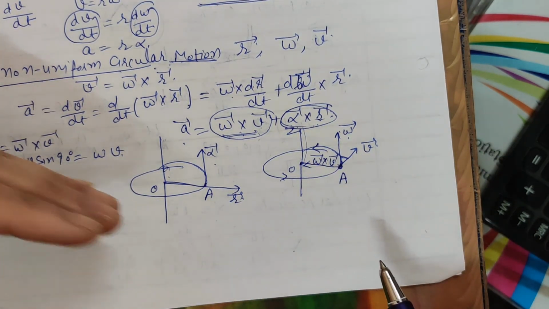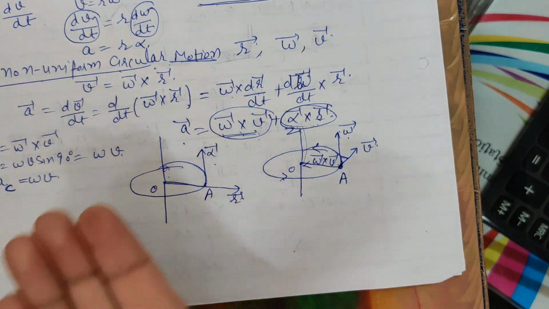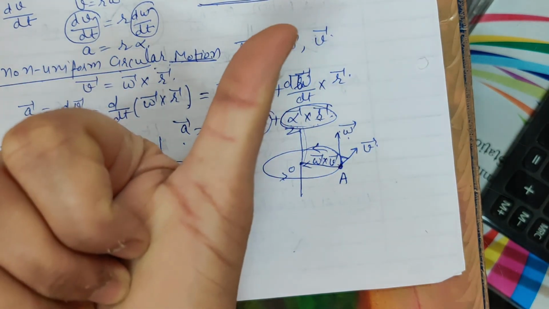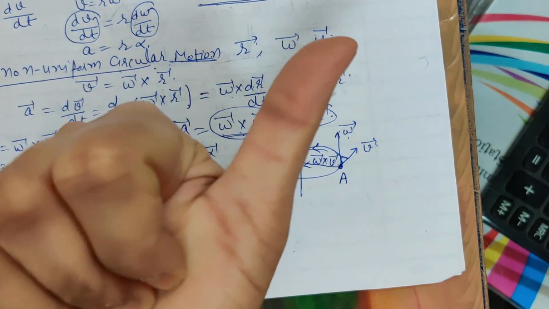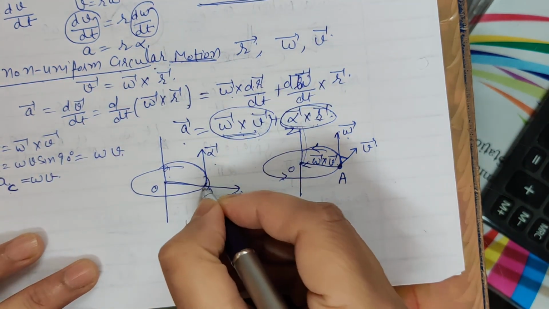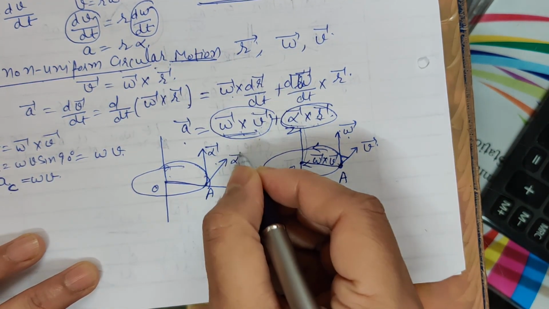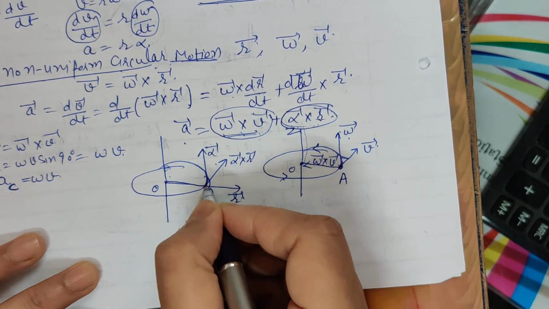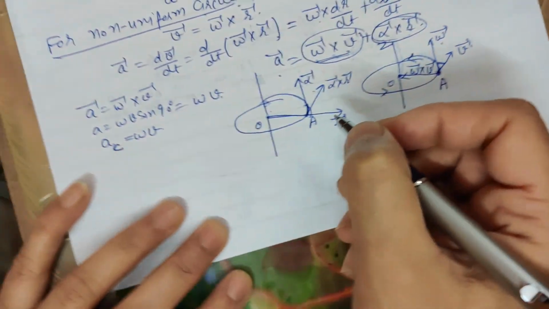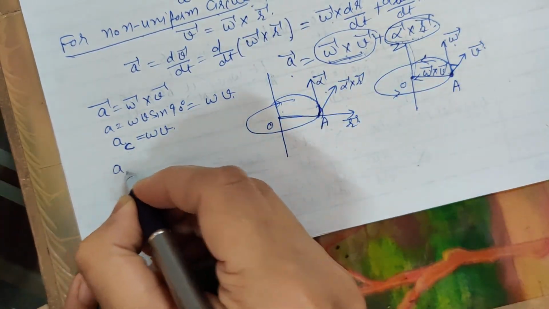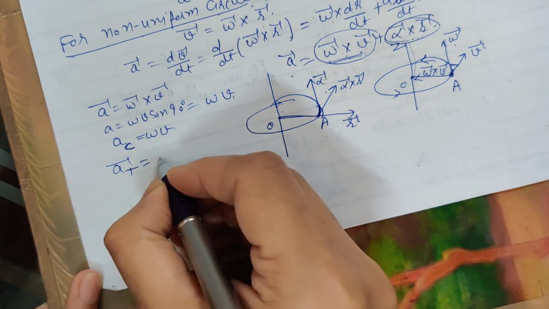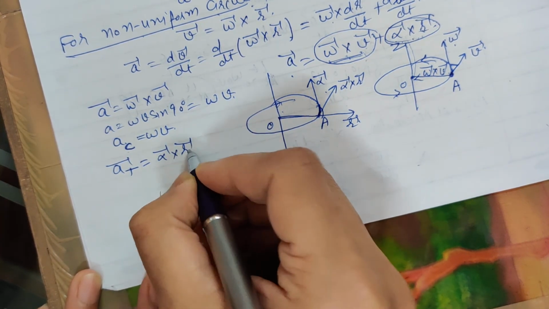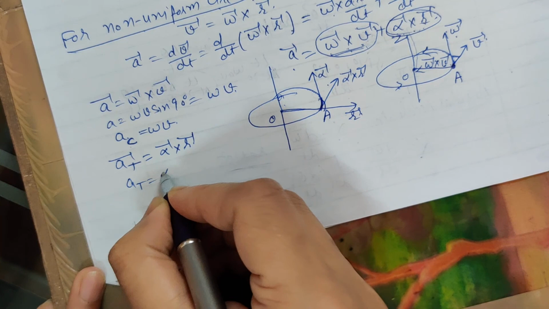This r vector is outward. This cross product, alpha cross r, gives the second component, called the transverse component, that is alpha times r, which is alpha r sine 90 degrees.